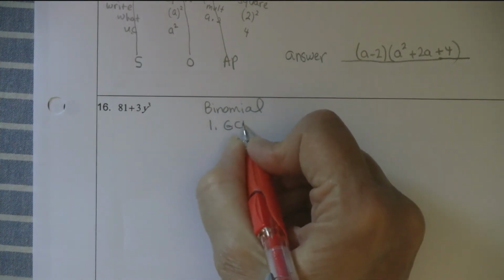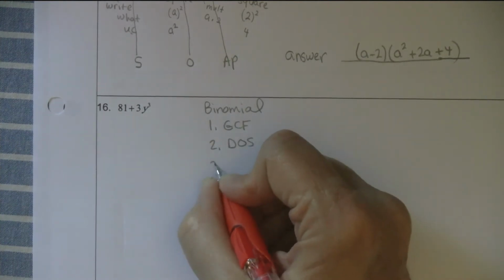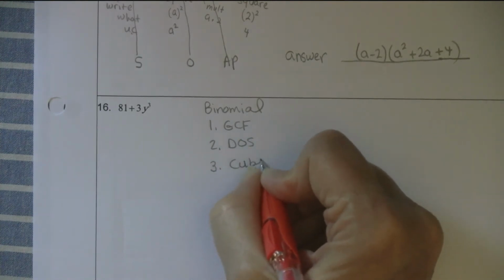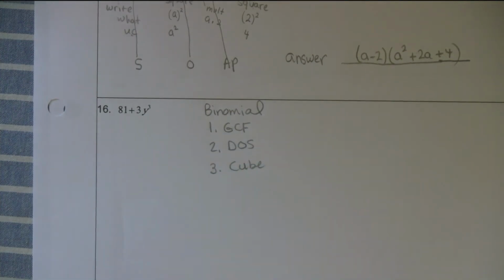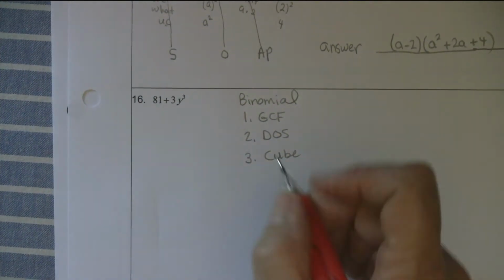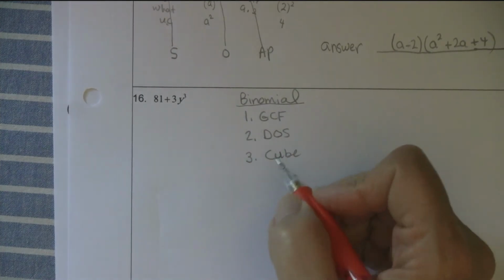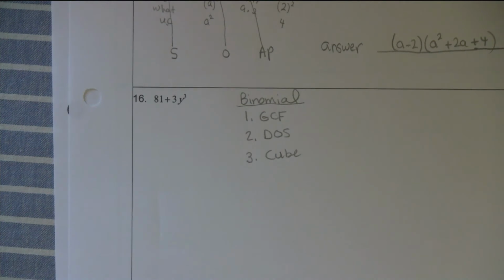And so this is how you factor a binomial: greatest common factor, difference of squares, or a cube. If you say no, no, no, then it's prime. It won't factor, okay? That's the deal with a binomial, and that's all we know how to factor on it.